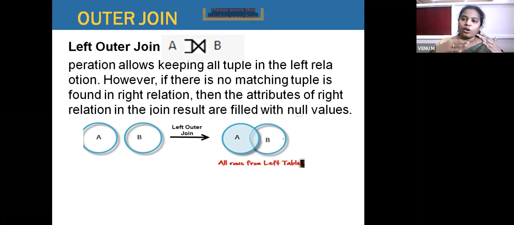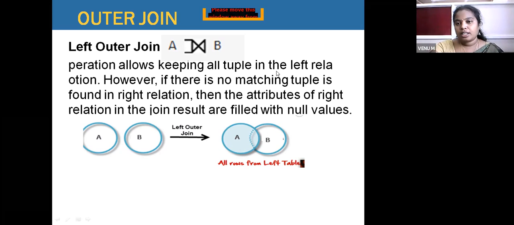In left outer join, all the tuples of the left relation have to be displayed, along with what is common with the right relation. For the excluded ones, the values are put as null.